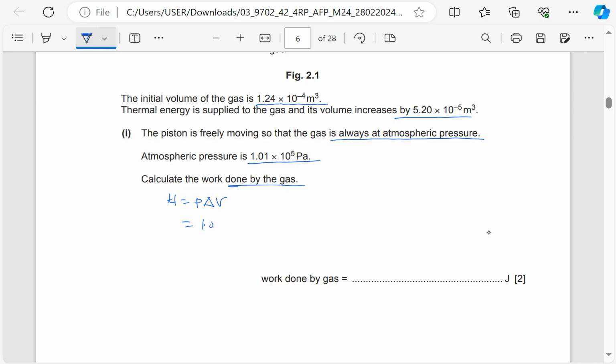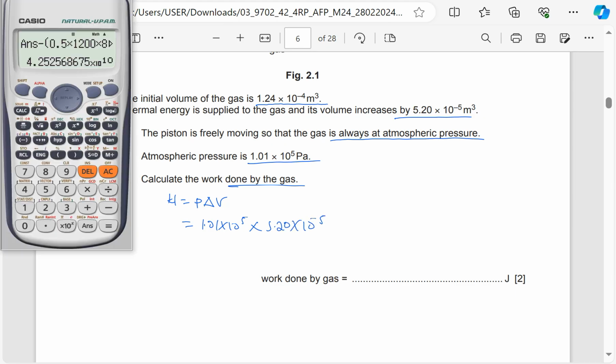The pressure is 1.01 times 10 to the power 5, times 5.20 times 10 to the power of minus 5.